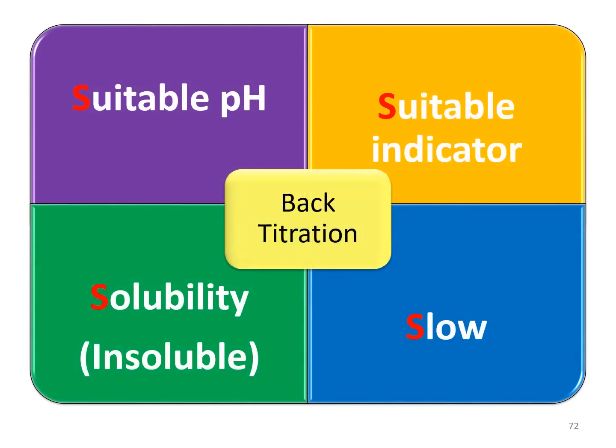So back titration is used when there is no suitable pH at which we can analyze the sample, no suitable indicator, a slow reaction, or insoluble substances.